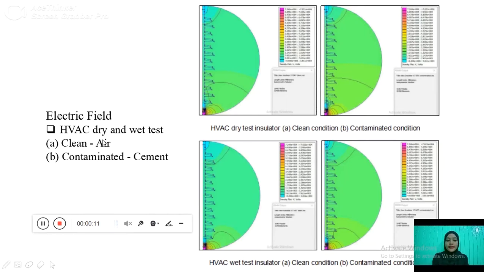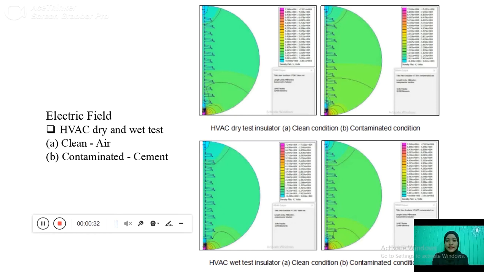Okay, next is electric field. So this is the simulation result of electric field for the HVAC dry test insulator and HVAC wet test insulator. This area is the clean condition, while this area is the contaminated condition.